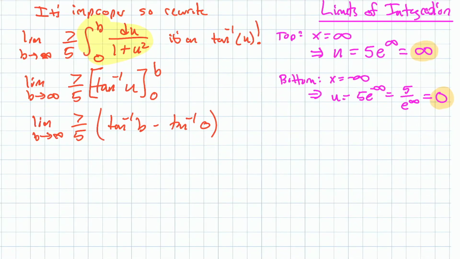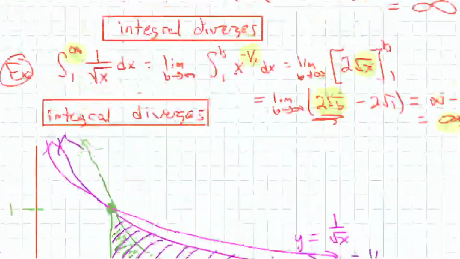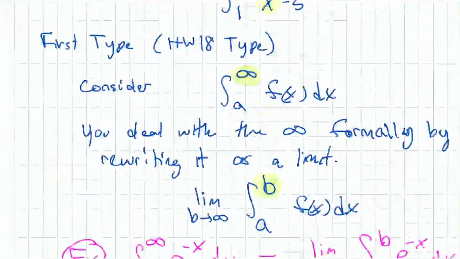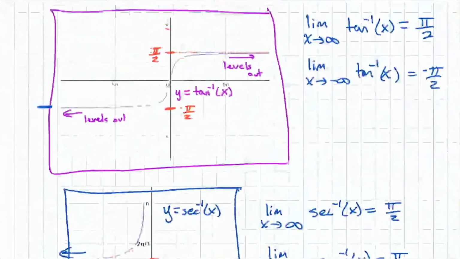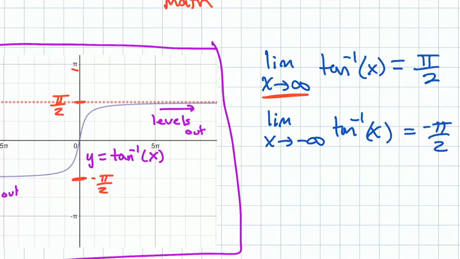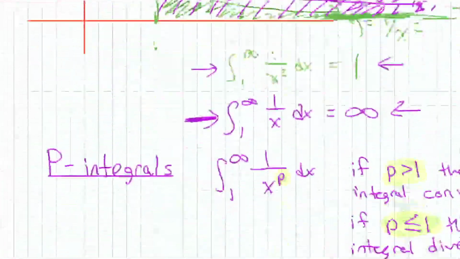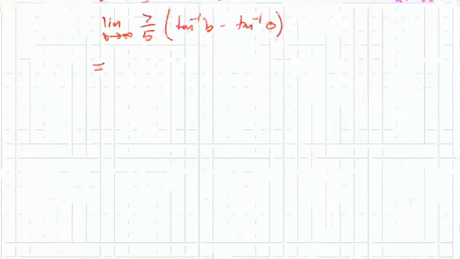Okay, so now you need to evaluate your limit. And that's why we talked about tangent inverse of infinity. We put the graphs up here. When x goes to infinity, tangent inverse goes to pi over 2. So when you get down here, you can just do it.